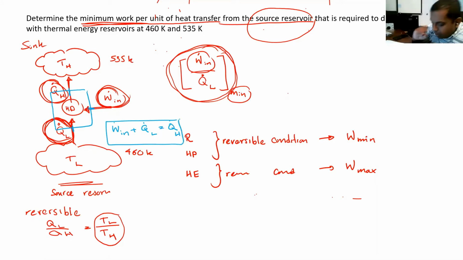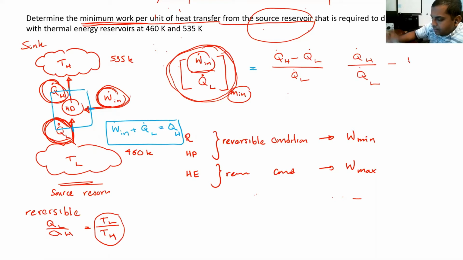Now you can use this to replace your W in. When you replace your W in, you can write it as QH minus QL divided by QL. And you can further simplify this as Q dot H over Q dot L minus 1. Now, we know what QH over QL is, right?